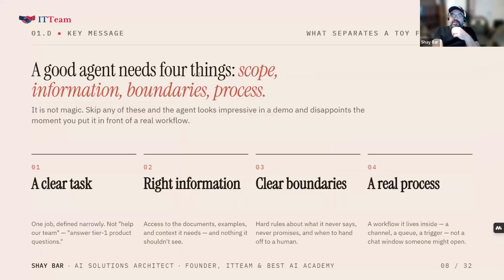A good agent needs four things: scope, information, boundaries, and process. This is very important, otherwise it will drift and you'll have problems with the AI agent. So we need to give him a clear task, one job defined narrowly.